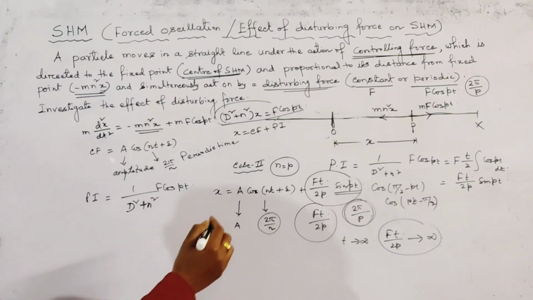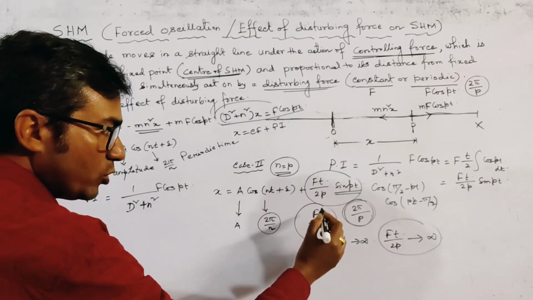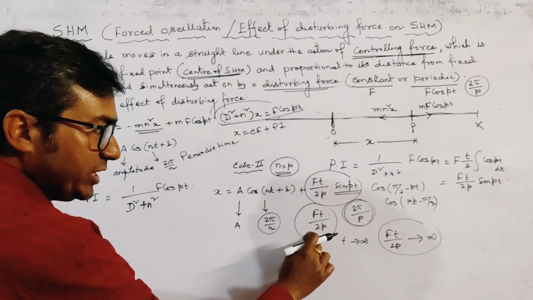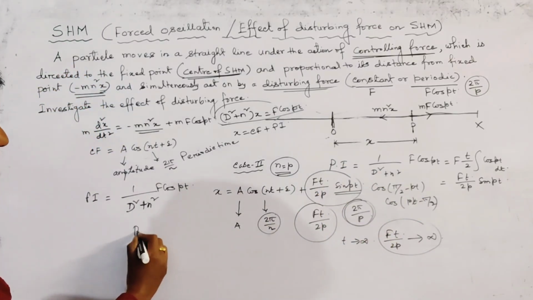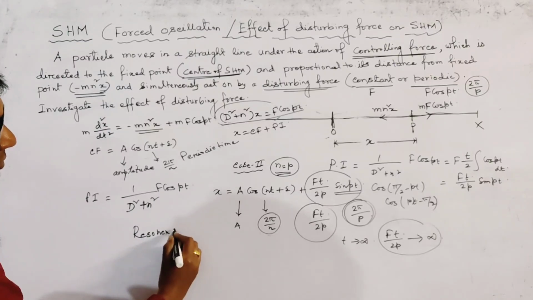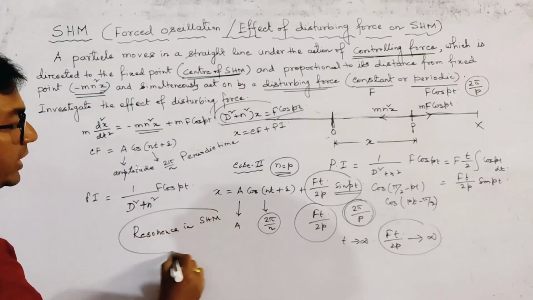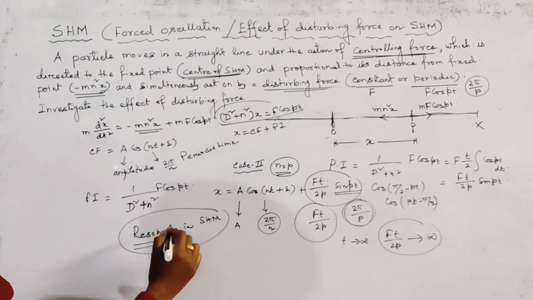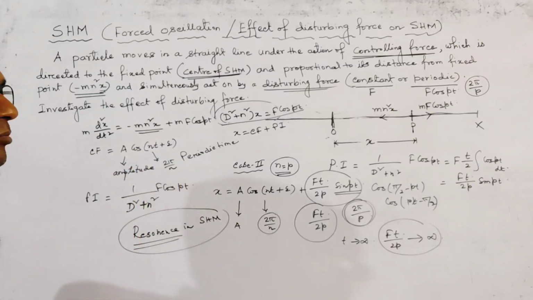In this case, when n equals p, we get the situation where the amplitude ft by 2p tends to infinity, and this is said to be resonance in simple harmonic motion. Okay, this is a very important term of simple harmonic motion.